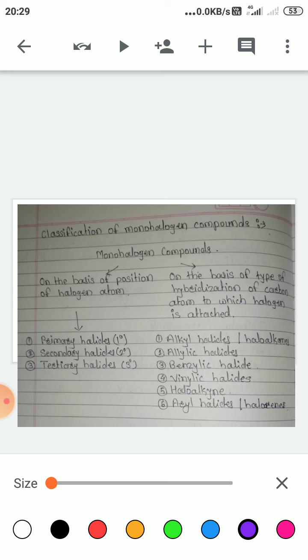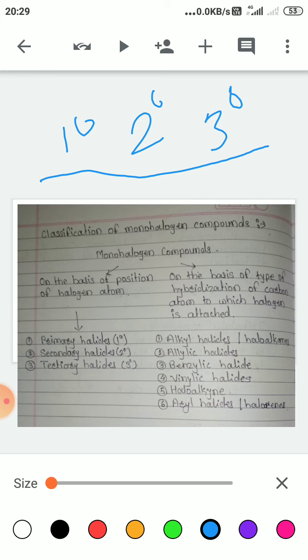That means depending on whether it is on a primary carbon atom, secondary carbon atom, tertiary carbon atom, or quaternary carbon atom. We will see only 3 types of alkyl halides depending on the position of halogen atoms: primary halides, secondary halides, and tertiary halides.